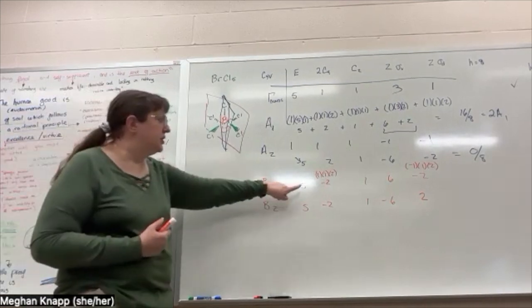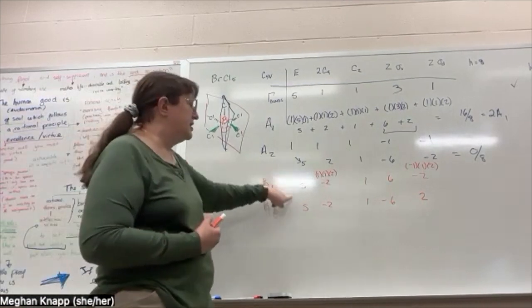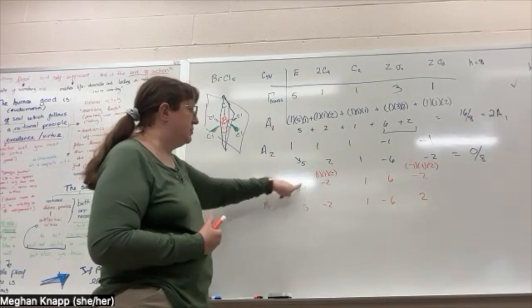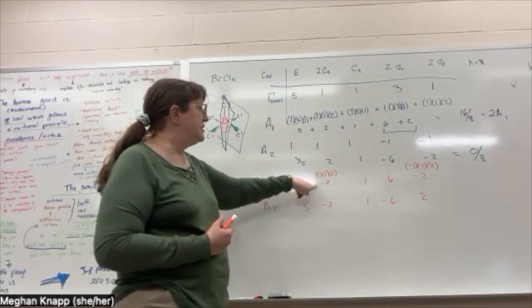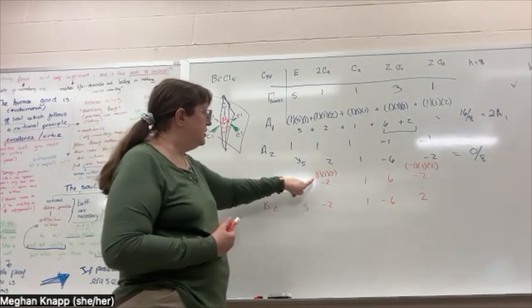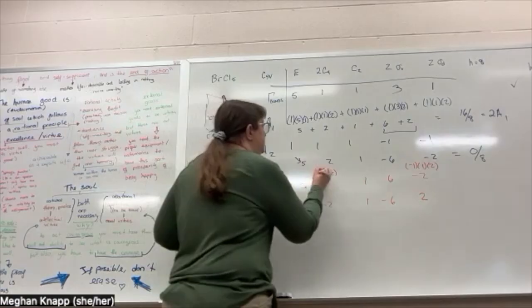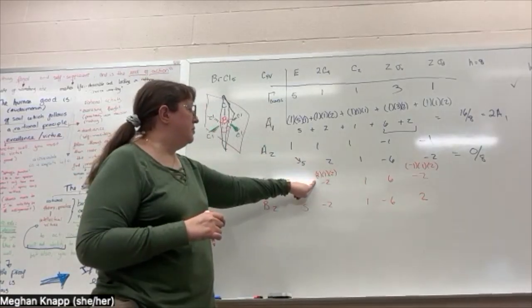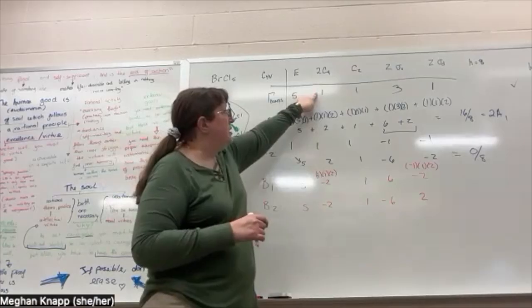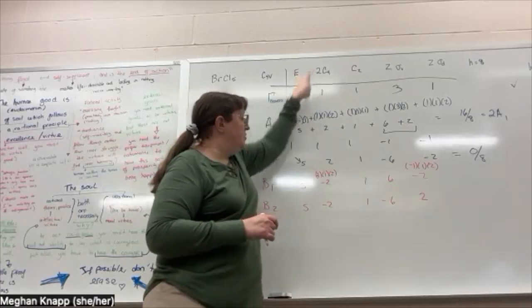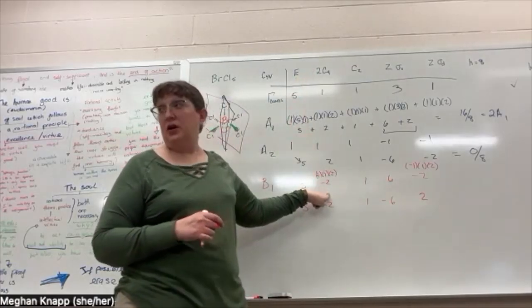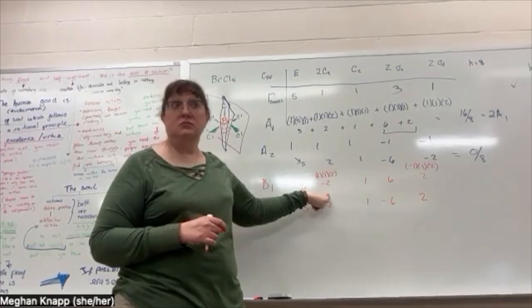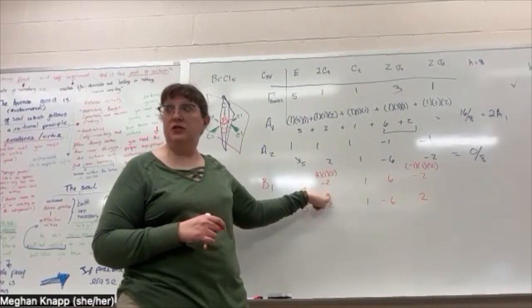Okay, so again, for B1, everybody has a 1 in the first column, so that's always going to be 5. For B1, the second number is, I'm sorry, negative 1, so there should be a negative 1 there. So negative 1 for the B1 times the 1 here times the 2 here gives me negative 2. That's where that comes from. Okay, do you feel comfortable seeing how to get those numbers?